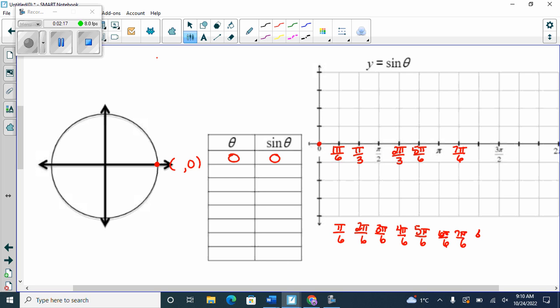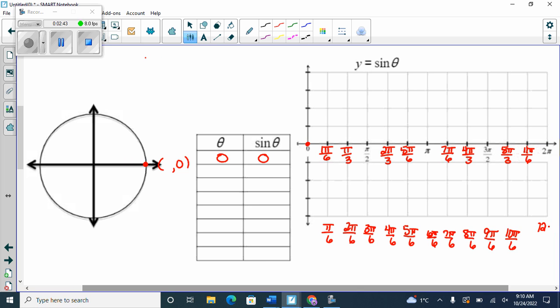Then 8 pi over 6, which reduces to 4 pi over 3. Then 9 pi over 6, which is 3 pi over 2. Then 10 pi over 6, which is 5 pi over 3. Then 11 pi over 6. Then 12 pi over 6, which is 2 pi. So you see how I labeled it?